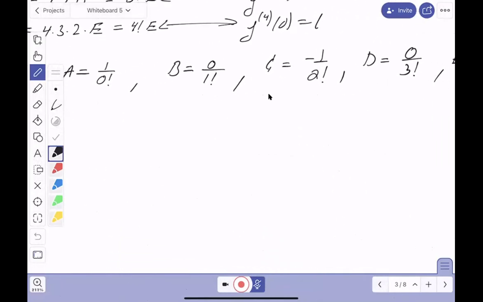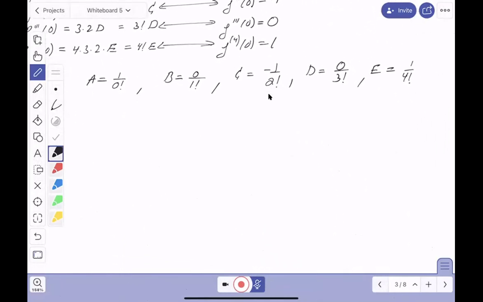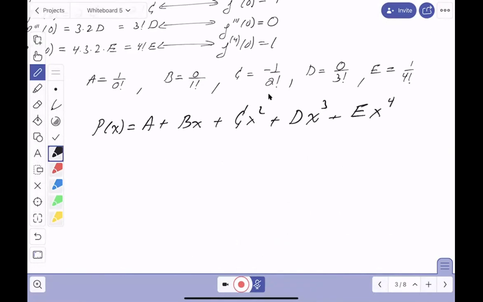I got to be careful when I'm writing it down, right? So it's going to be P of X. I'll write down again, it's A plus BX plus CX squared plus DX cubed plus EX4.